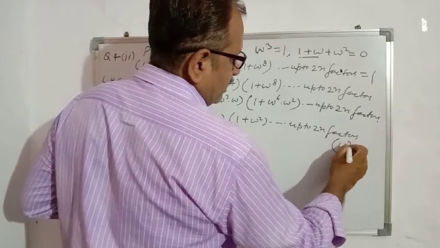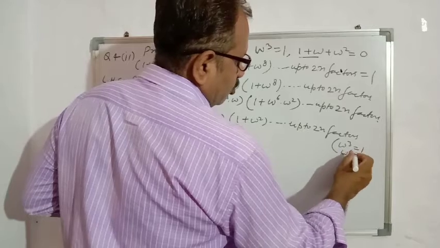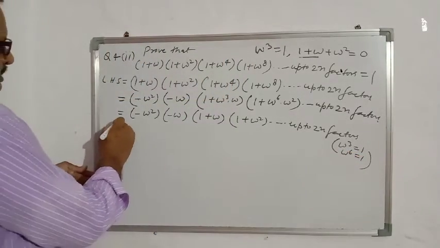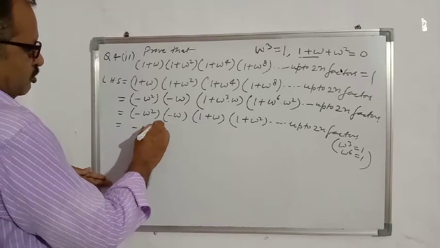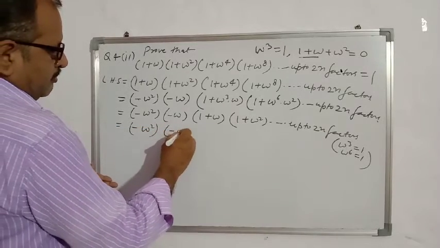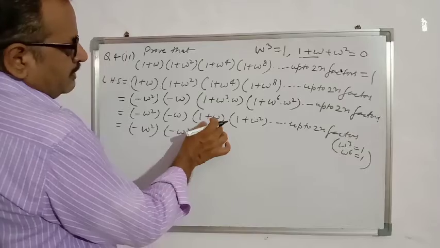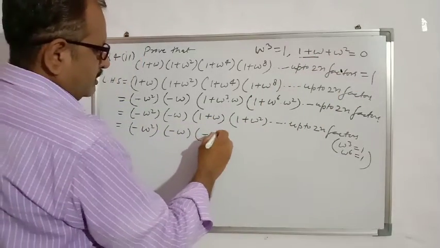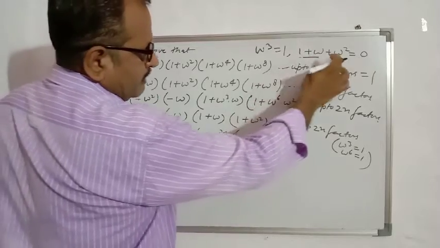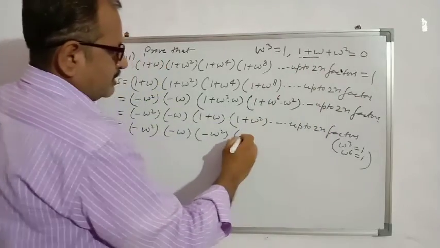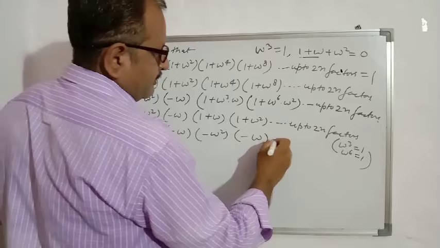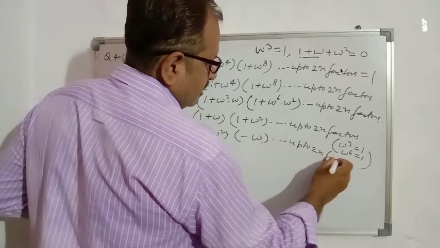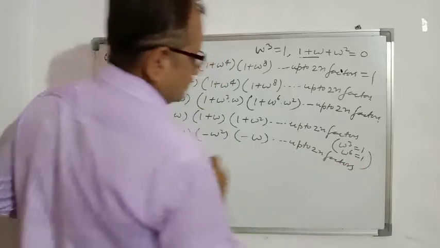We can give the reason here: omega cube is equal to 1, omega 6 is also 1. Minus omega square, minus omega, since 1 plus omega is minus omega square, and 1 plus omega square, transposing omega, is minus omega, up to 2n factors.